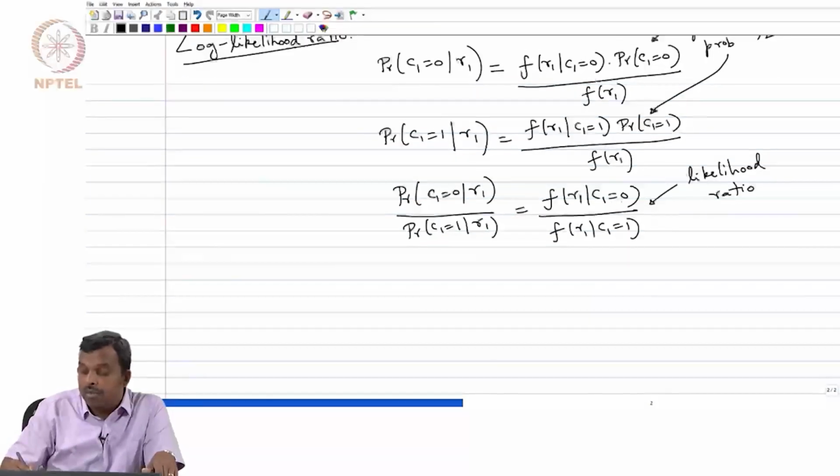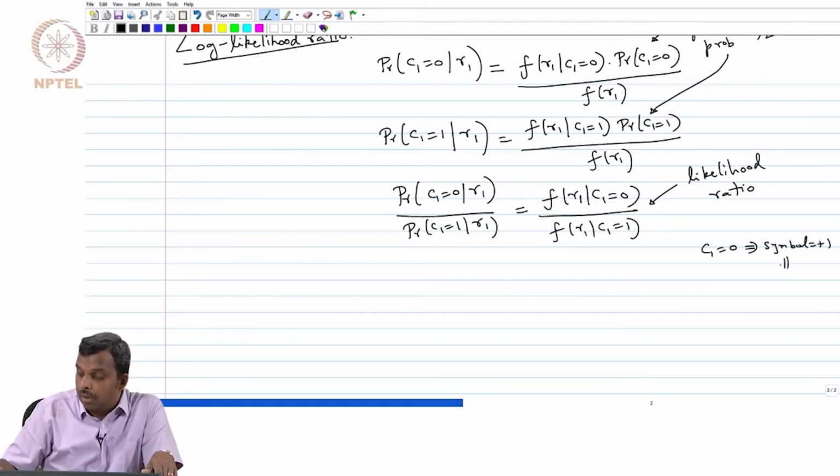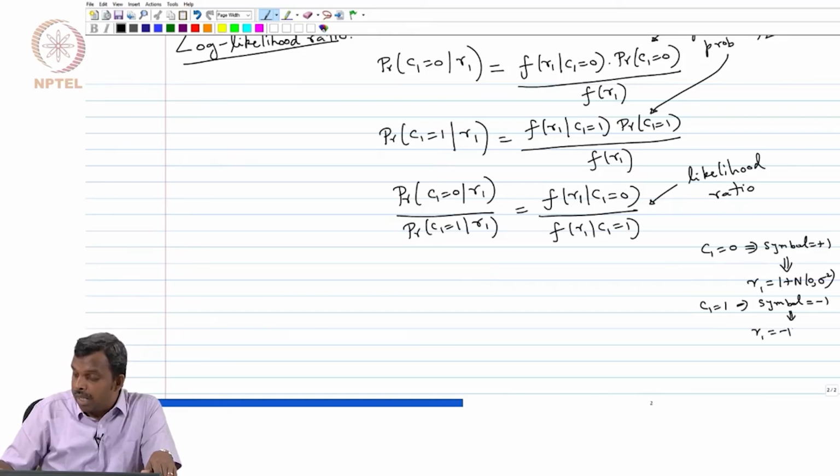Remember, if C1 is 0, the symbol is +1 and R1 is 1 plus normal 0, sigma squared. If C1 is 1, the symbol is -1 and R1 is -1 plus normal 0, sigma squared.